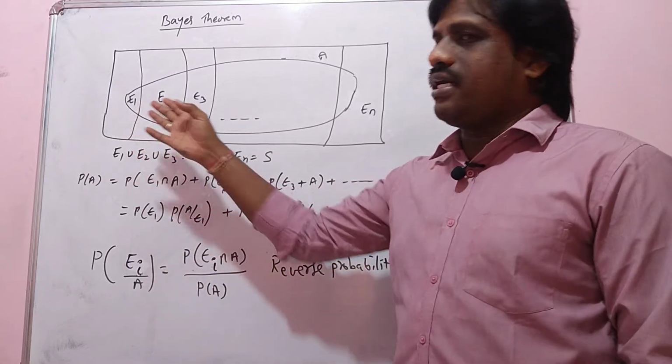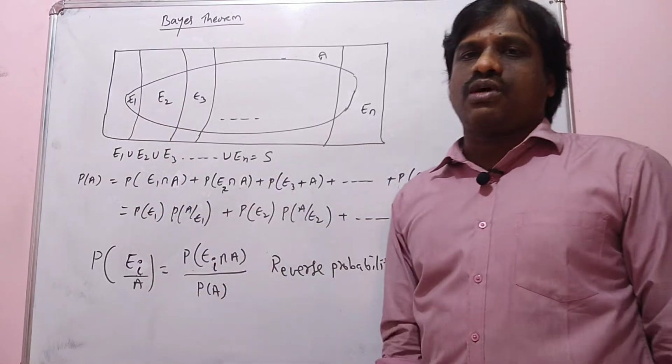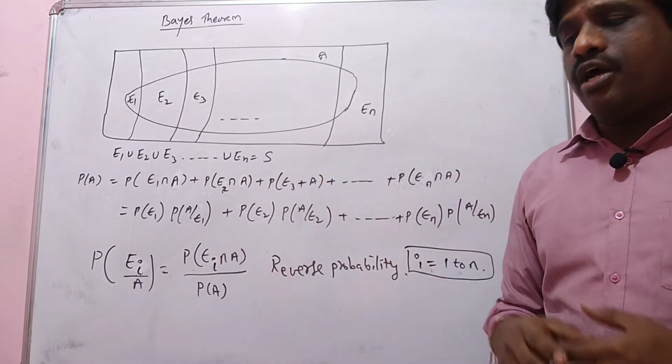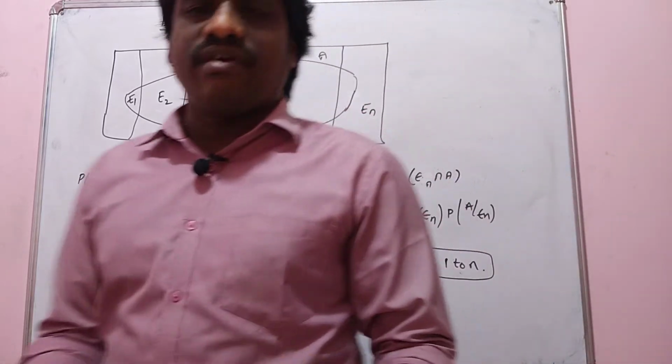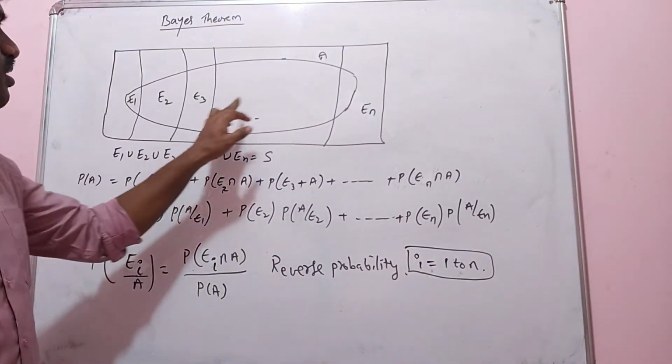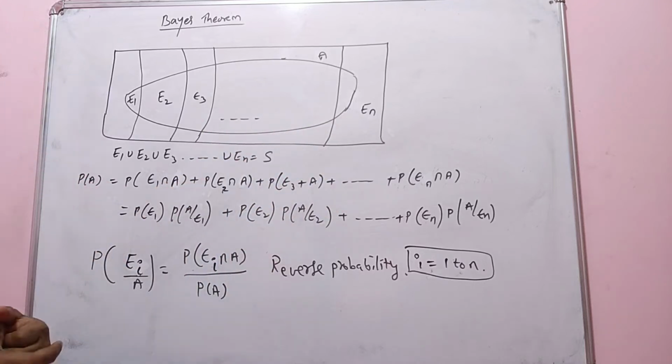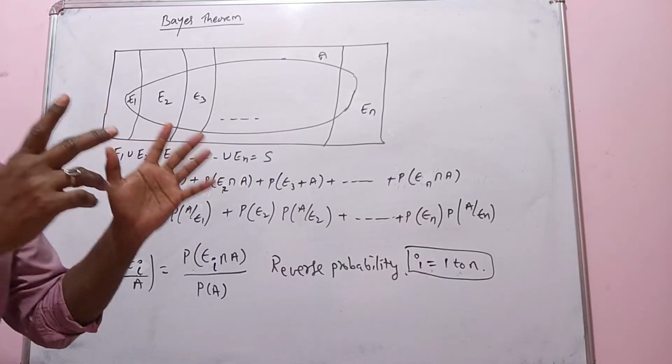Suppose for total probability, I told you that E1, E2, E3, E4, and so on up to En are mutually exclusive events and exhaustive events.